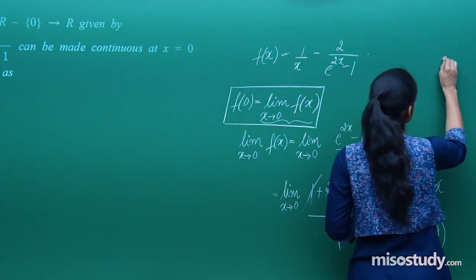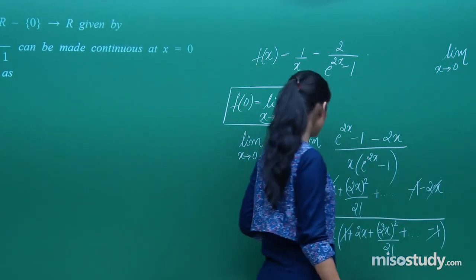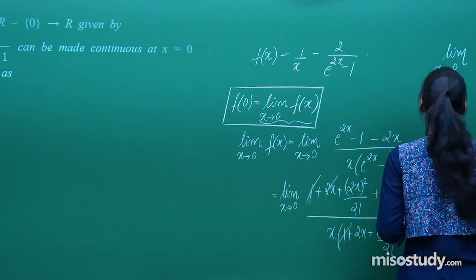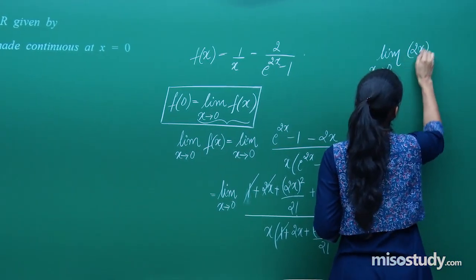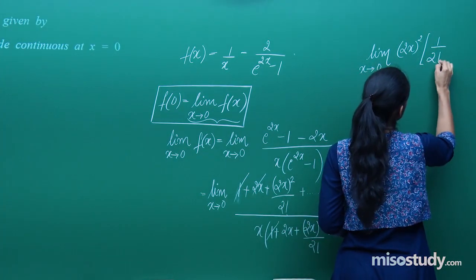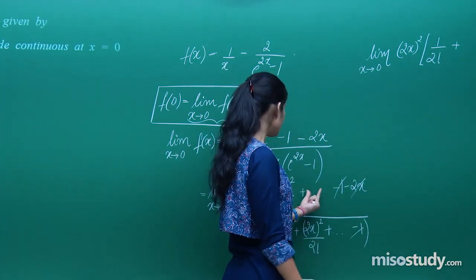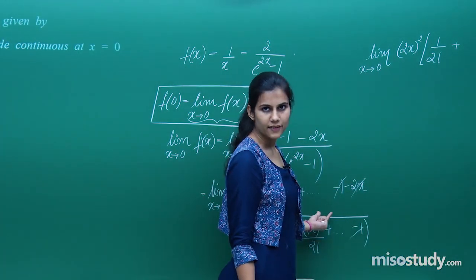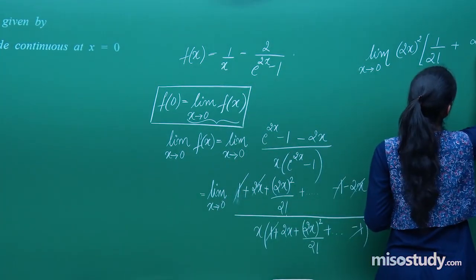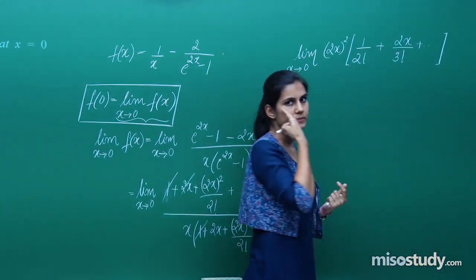What you are left with is limit x tends to 0, this becomes 2x square by 2 factorial, then 2x cube by 3 factorial. So basically 2x square can be brought out common. You are left with 1 by 2 factorial and then the rest of the terms have x in them. How? This will be 2x cube by 3 factorial, so 2x square has been brought out, 2x is left by 3 factorial and so on.